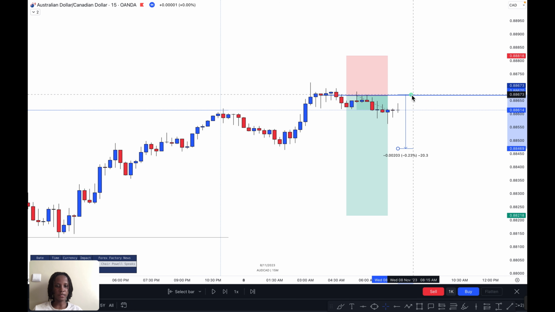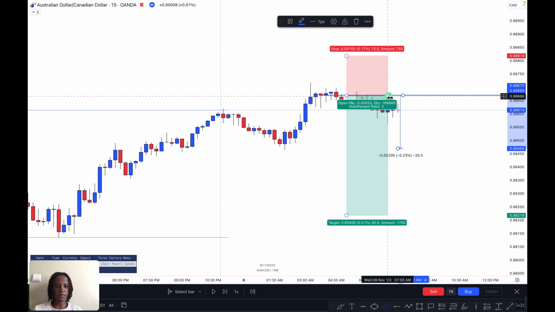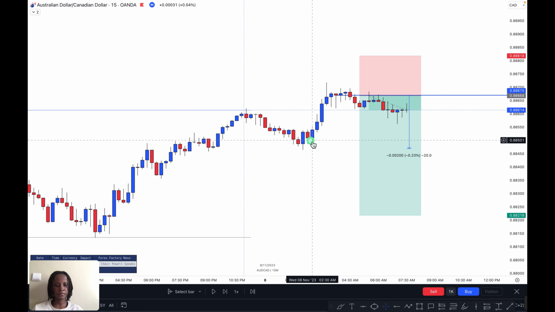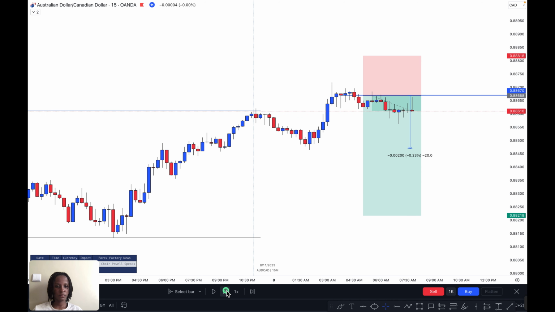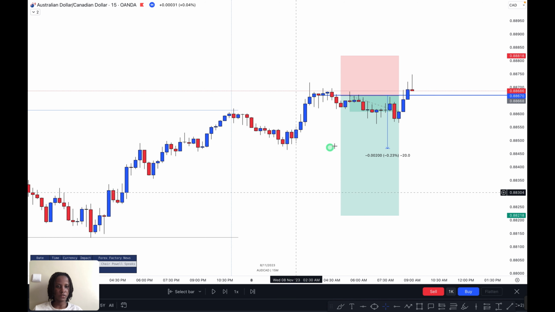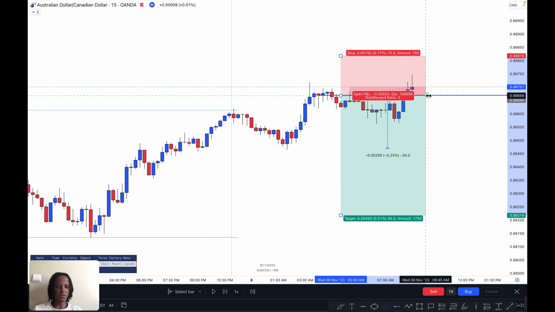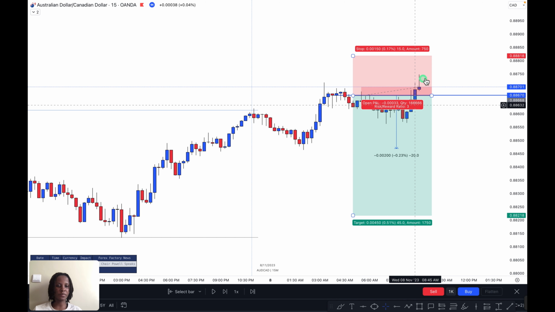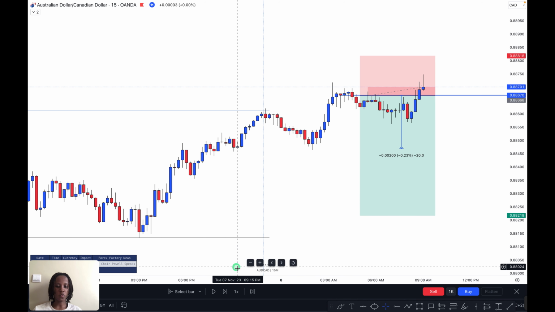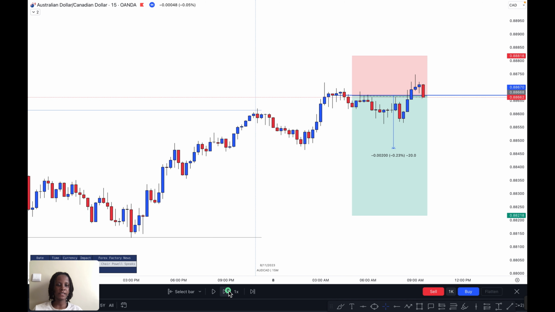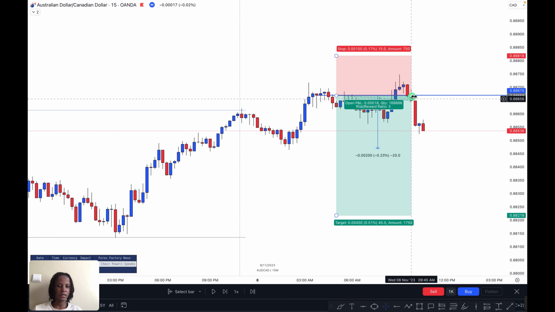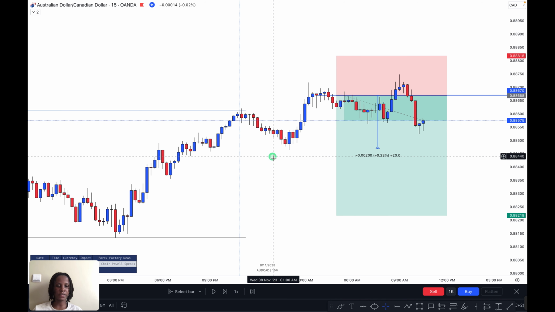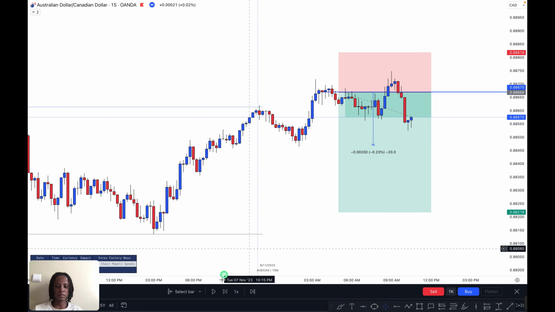Let's extend this. So you can see here price went in a drawdown there, but we did not go 20 pips, so we did not get an opportunity to set that to BE. Let's go on. Price came back in profit.